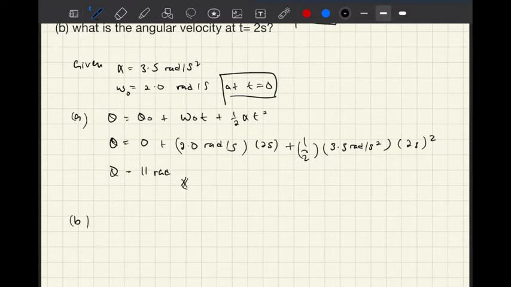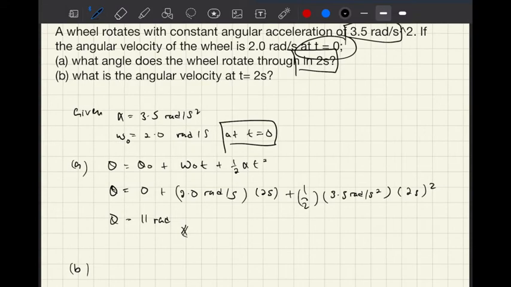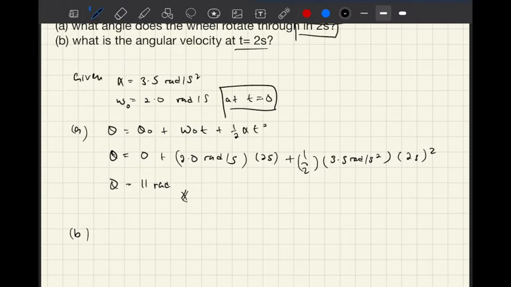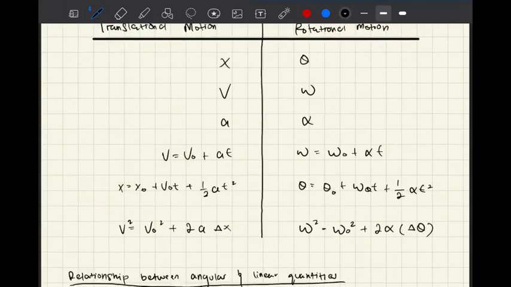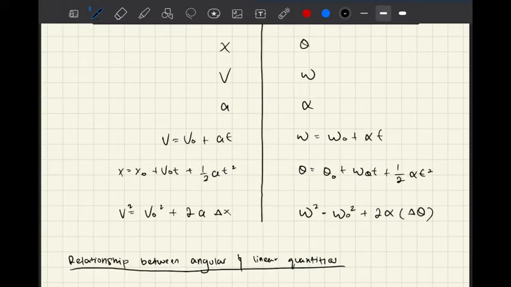It says, what is the angular velocity at t equal to 2 seconds? So we go back to the equations we want to use.